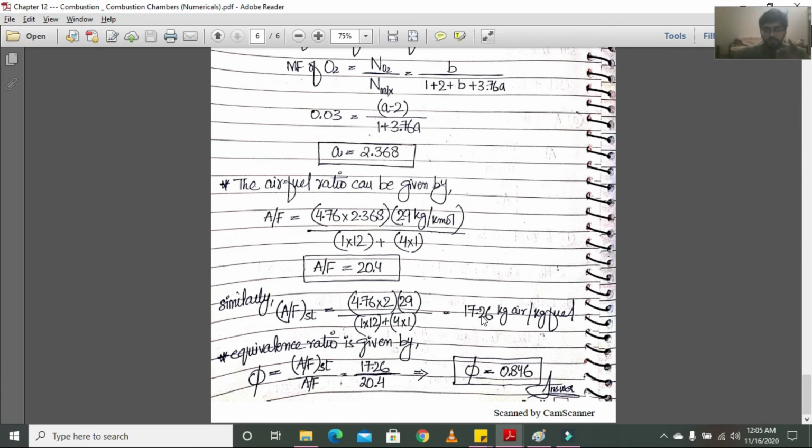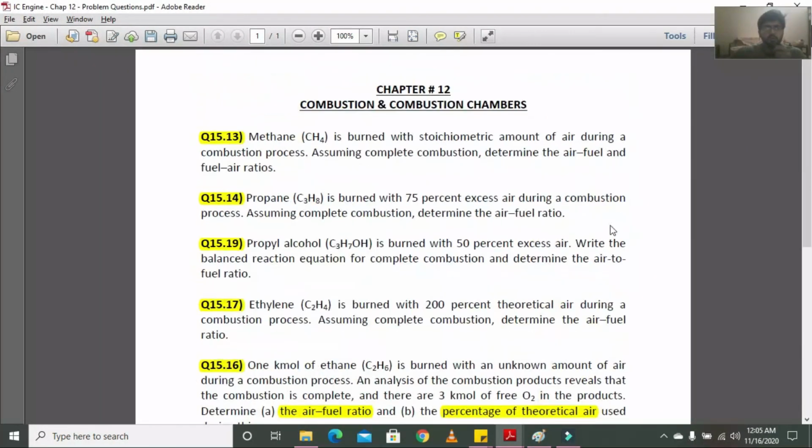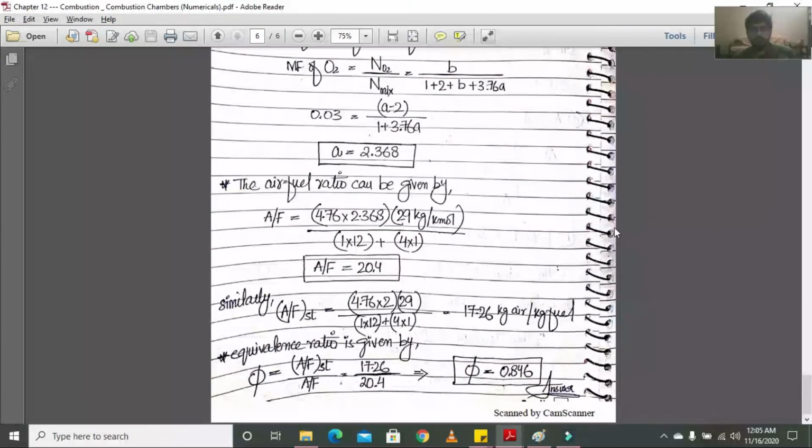This portion was similar to the question number 1 which we solved, which was 15.13. So I haven't solved that part again here. I have simply written down how we calculate the stoichiometric air-fuel ratio, but you will solve this part as it was solved in the first question 15-13.